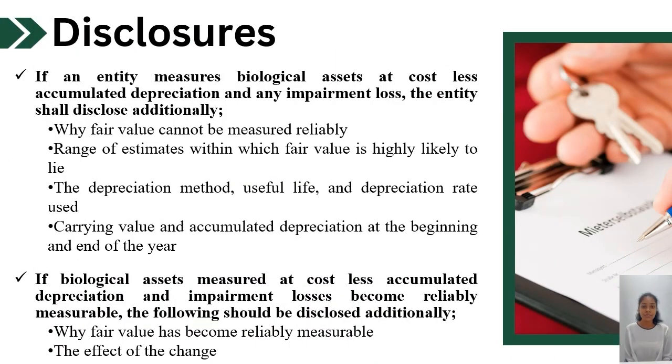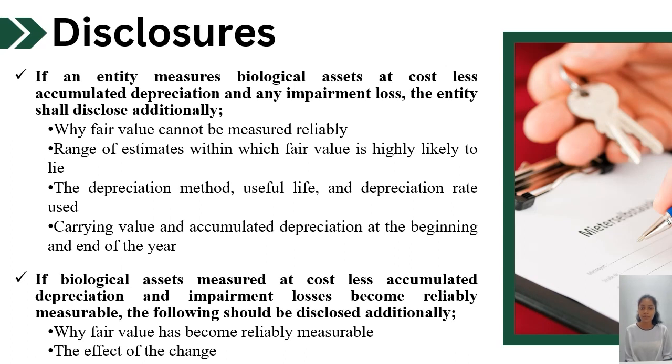In addition to the general disclosures, there are disclosures which are used when the fair value cannot be reliably measured. When the fair value cannot be reliably measured, the biological assets are measured at cost less accumulated depreciation and impairment loss. When the situation is like that, the following disclosures should be made in addition to the general disclosures.